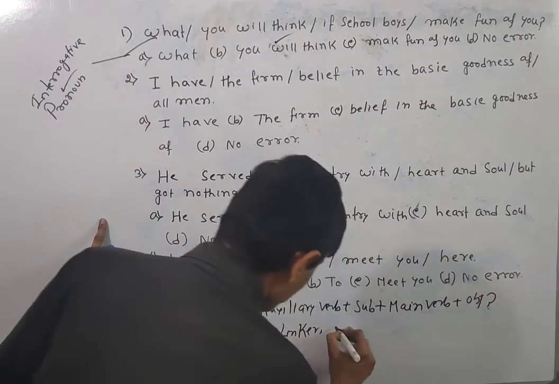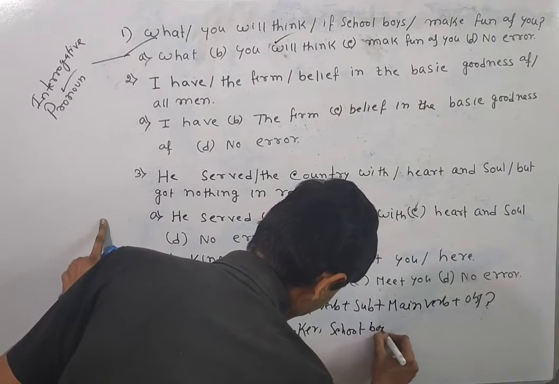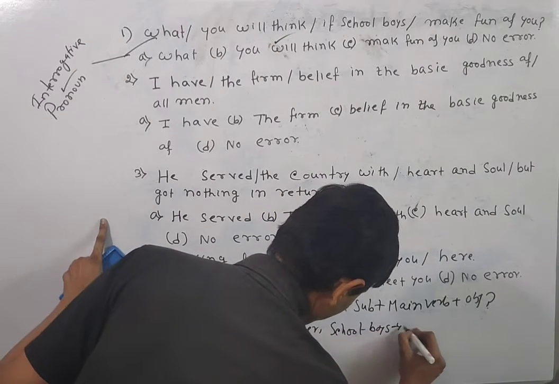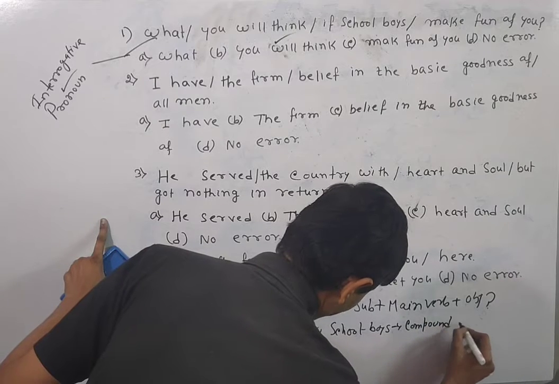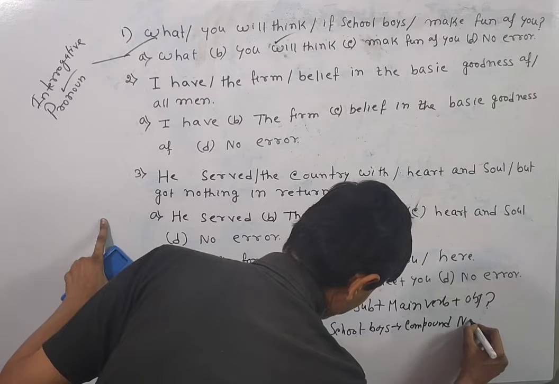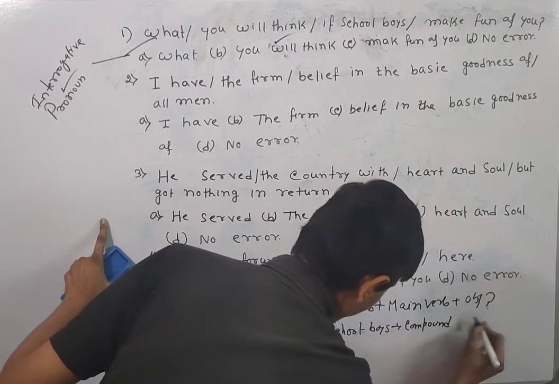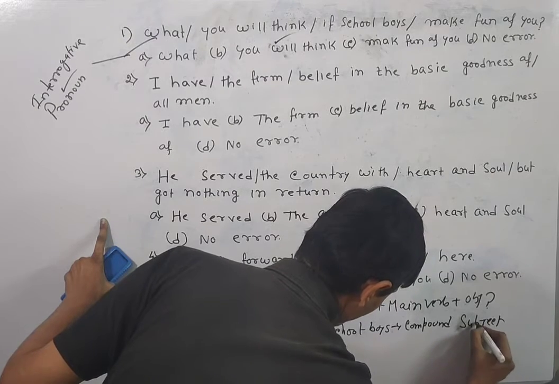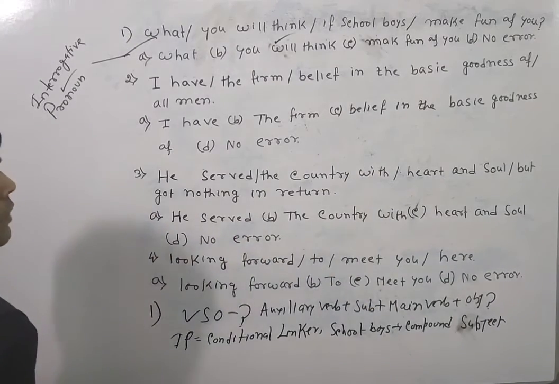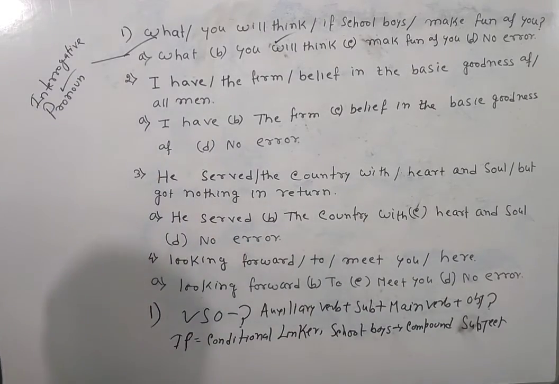Be careful, schoolboys is also functioning as a subject, but it is actually called the compound subject. If you follow my video regularly, I have discussed thoroughly different types of subject in English. Now here it is called the compound subject. And the rest is all about verb and so on. So this will be the sentence.